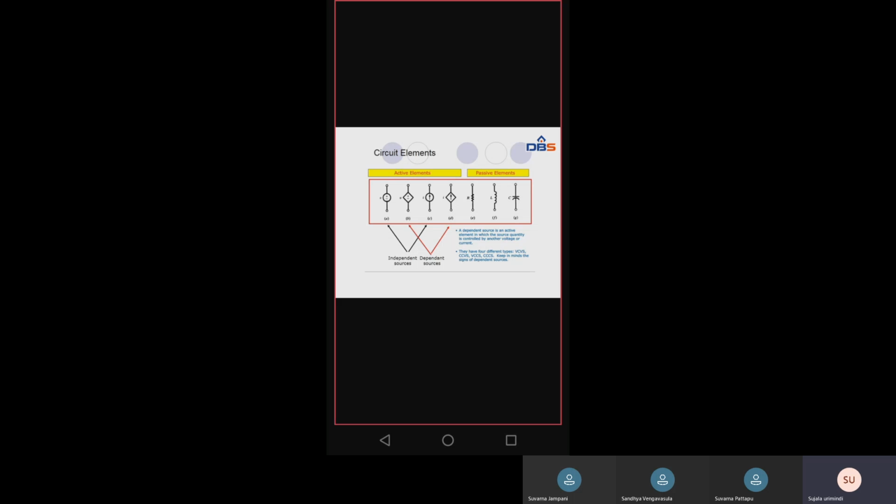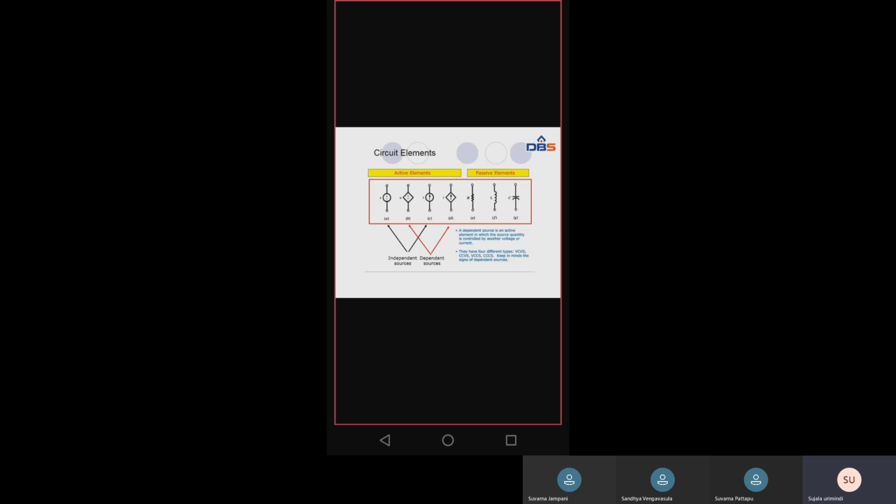The independent sources do not depend upon or control one another. When you observe the dependent sources, the symbol is different. A dependent source is controlled by another source. Here there are four types.